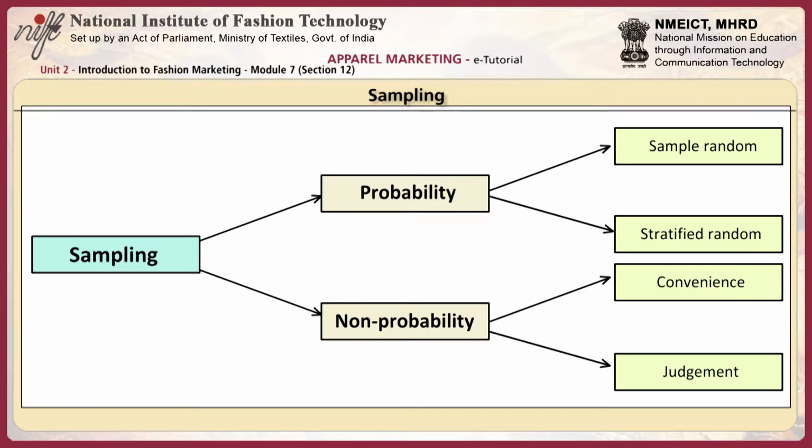The next step, a major step, is designing the questionnaire. The designing of the questionnaire would be as per the objective of the research and the information or data that is required to solve the problem.